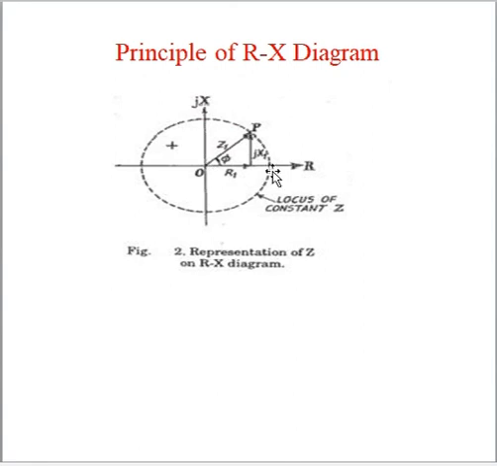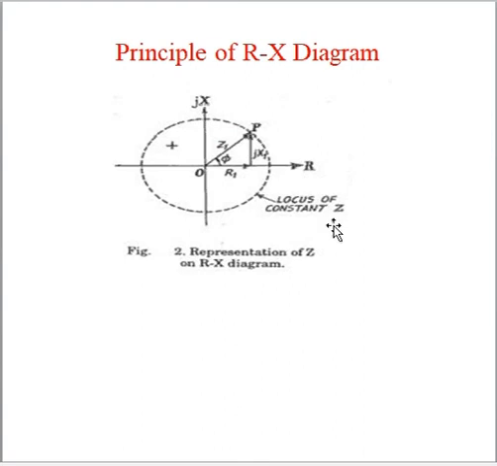Okay, and next you can see the impedance relay diagram. It looks like this, and this is the RX diagram. That dotted line represents the locus of the fault.